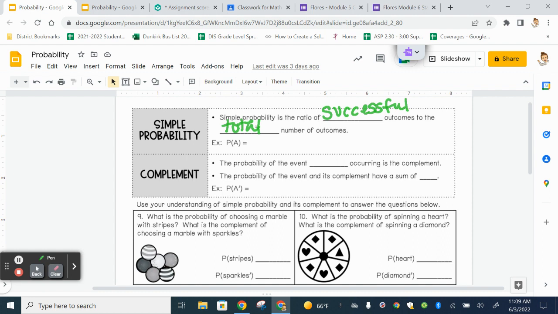You're going to see that connection to what we did in the beginning of the year. So our example, when we say P, that means the probability. And whatever we're looking for the probability of goes in parentheses. So if I was going to write that as a ratio, the probability of A is whatever A is over the total.